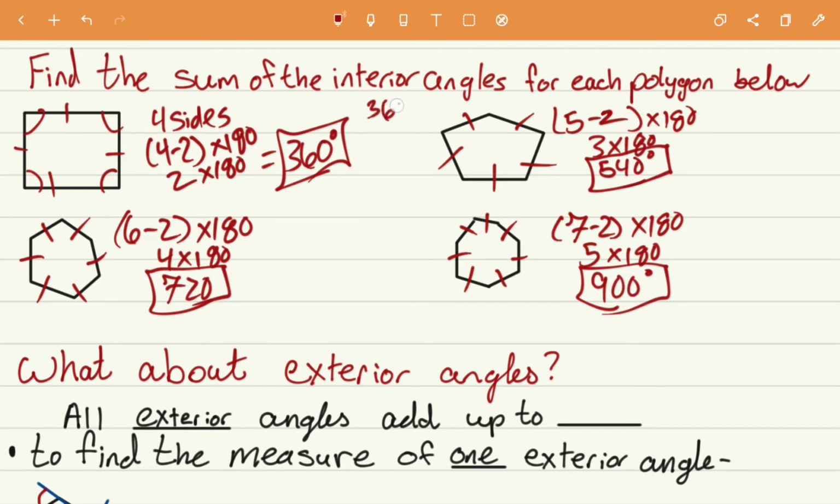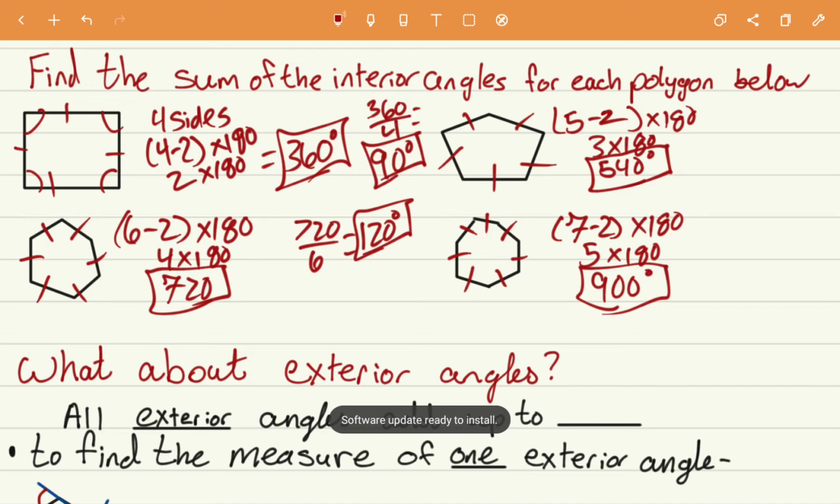So if we do 360 divided by 4 sides, assuming they are all equal, then each angle will be 90 degrees. Obviously, this requires them all to be congruent angles, but same thing here. 720 divided by 6 equals 120. So if the hexagon has all congruent angles, they are all 120.